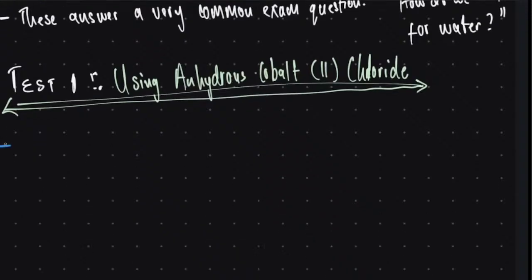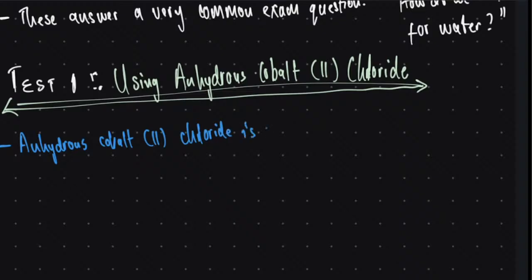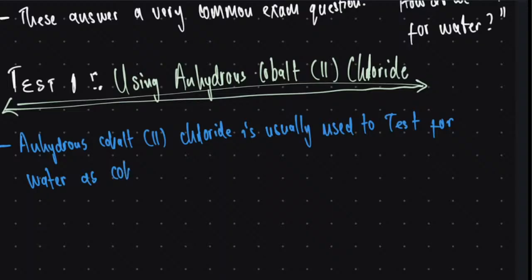So, anhydrous cobalt 2 chloride is usually used to test for water as cobalt chloride paper.